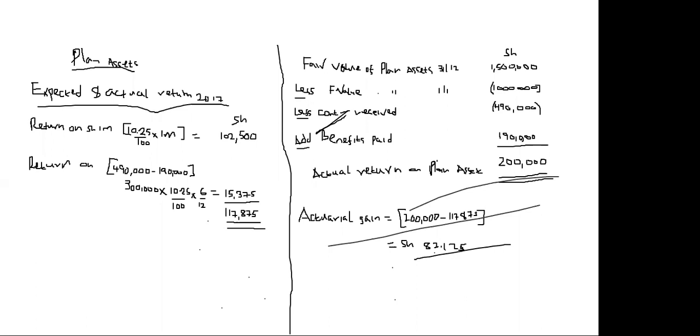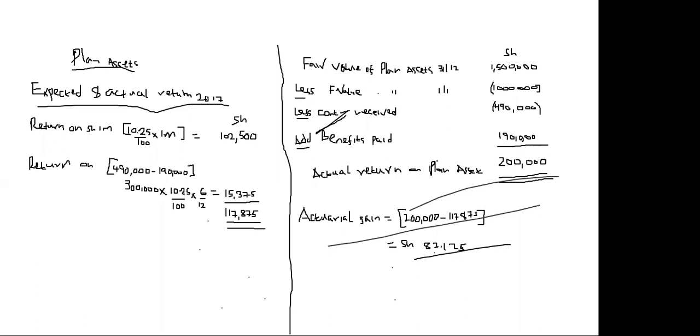Now we can say that the cumulative net unrecognized actuarial gain will be, you will take the 82,125 plus 76,000 minus the 6,000. And I believe you know where we are getting the 76,000.